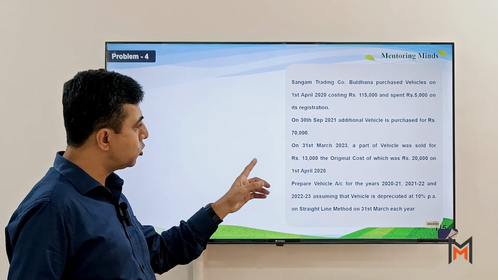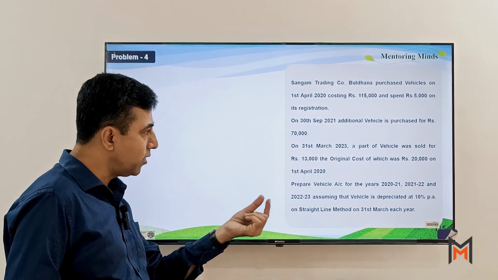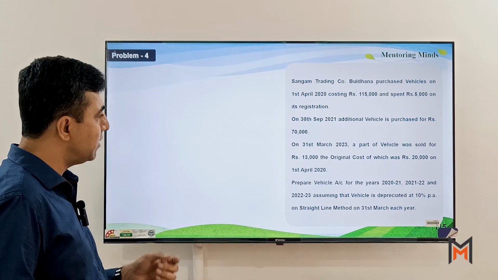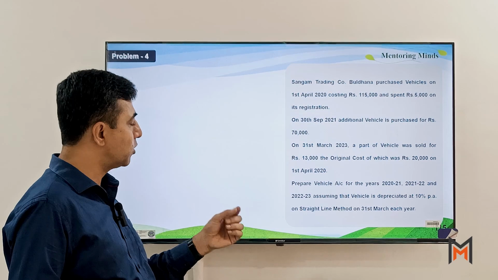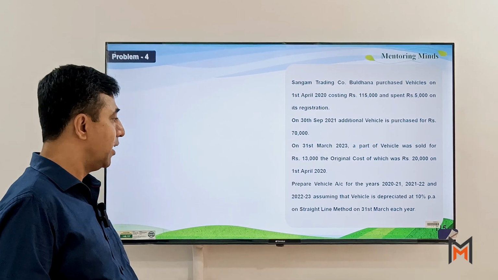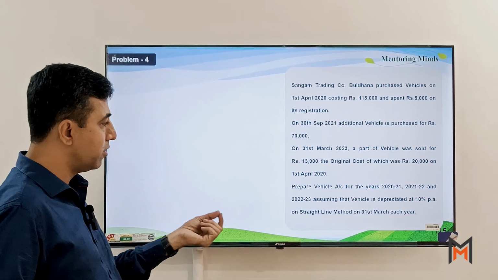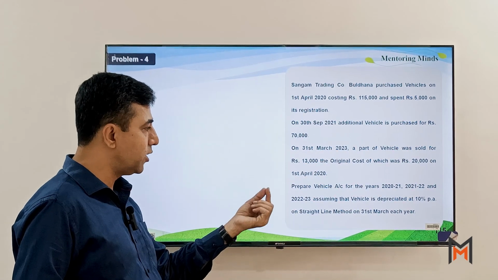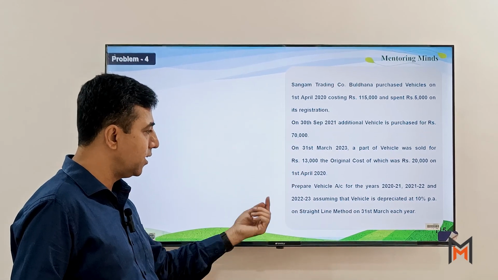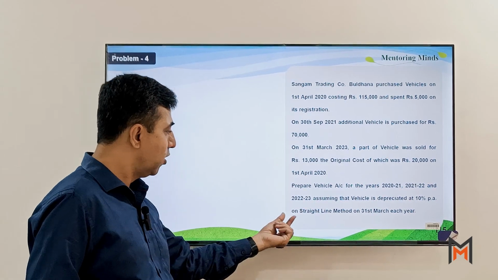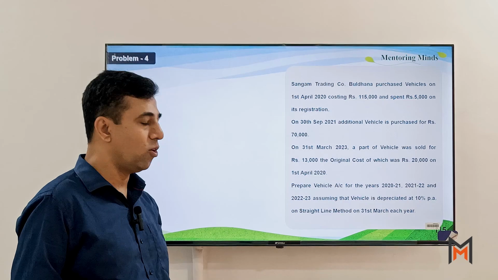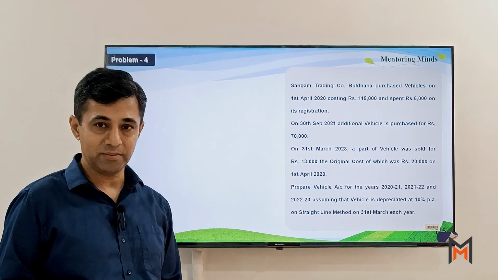On 31st March 2023, a part of vehicle was sold for rupees 13,000, the original cost of which was 20,000 on 1st April 2020. Prepare vehicle account for the years 2020-21, 21-22 and 22-23, assuming that vehicle is depreciated at 10% per annum on straight line method on 31st March each year.